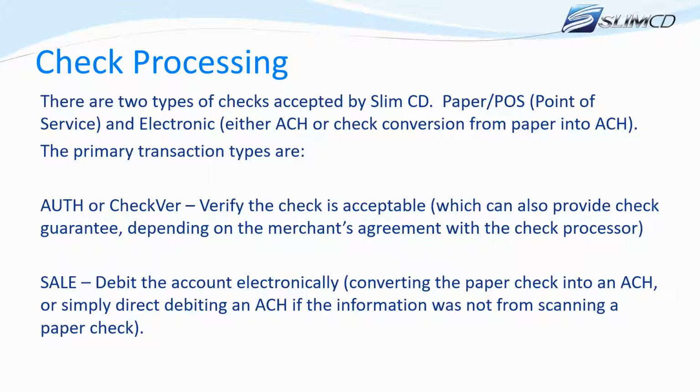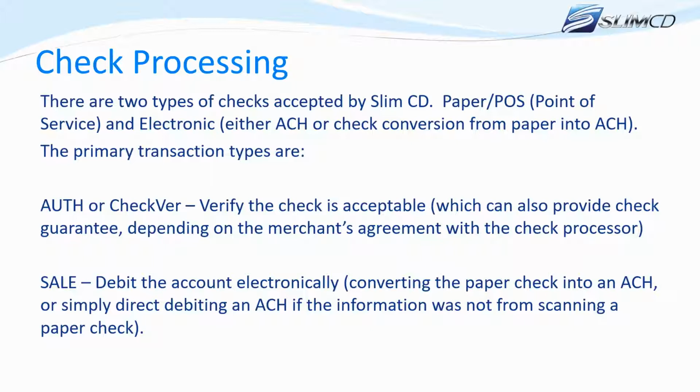That may or may not come with a guarantee that if the check's returned, the check collection company or the check verification company will make good on the amount of the check. That's all between the check company and the merchant. We don't get involved with that part. We're just performing the authorization.